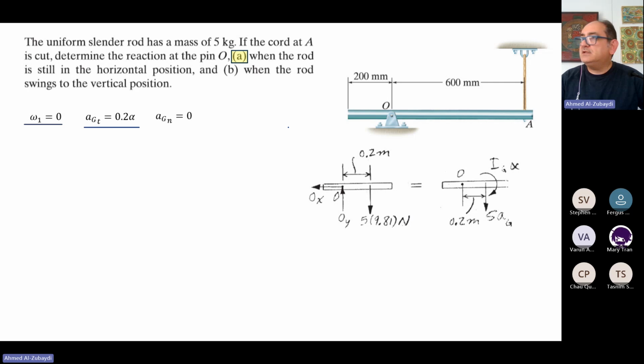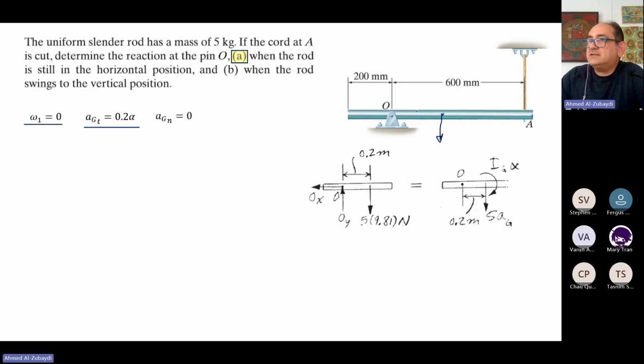The AGT, or the acceleration at the point G, the vertical one, which is tangential, is going to be equal to the alpha multiplied by the distance from the O to G, which is 0.2. Now, how we found that as 0.2, because the whole length is 600.